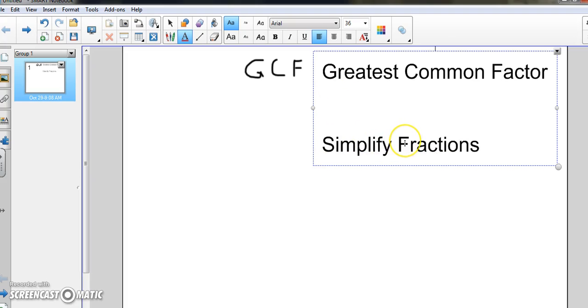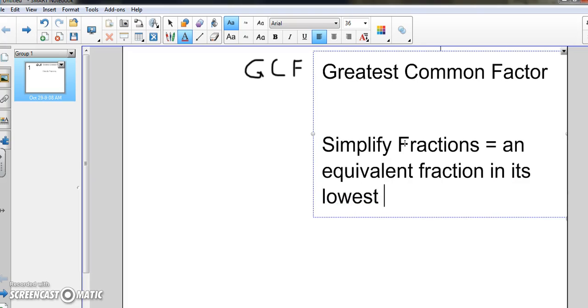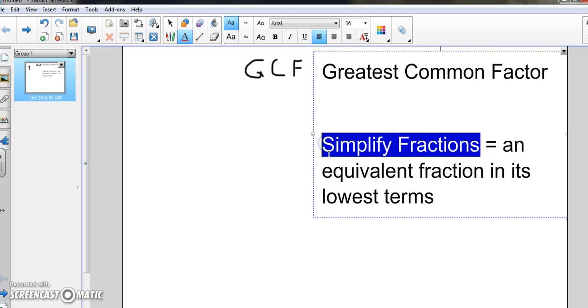In order to simplify a fraction, actually we're going to say an equivalent fraction in its lowest term, we need to find the greatest common factor of the two numbers.